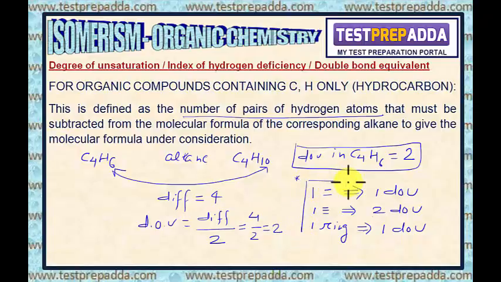This is important to know, because once you know that a compound has 2 degrees of unsaturation, what are the different possibilities?